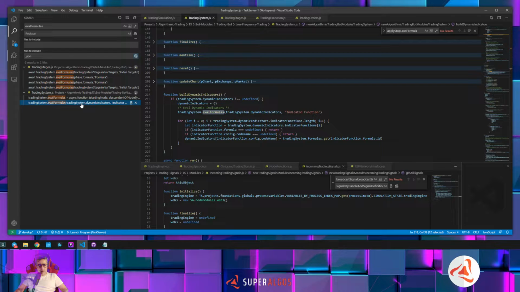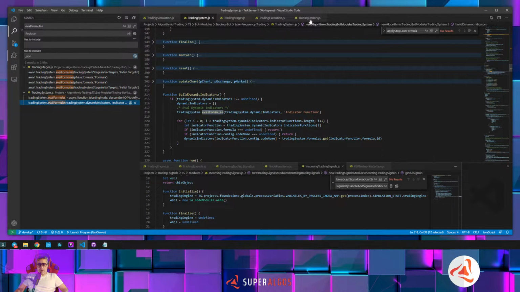This is the eval formulas. Dynamic indicators. I don't know what that is doing here.